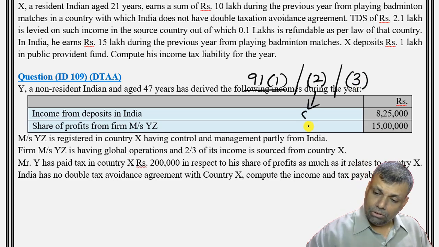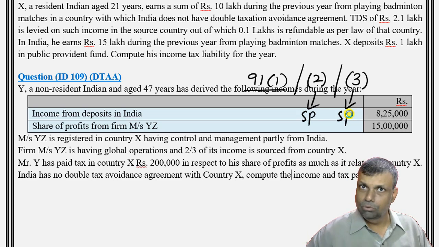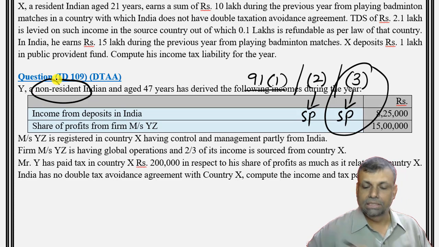However, subclause 2 is a specific situation and subclause 3 is a specific situation of giving a rebate or a deduction which is similar to section 91 only. So working wise it is no different, but it is a specific situation. Okay. And this particular question friends, it is 91 subclause 3, where the assessee is a non-resident.